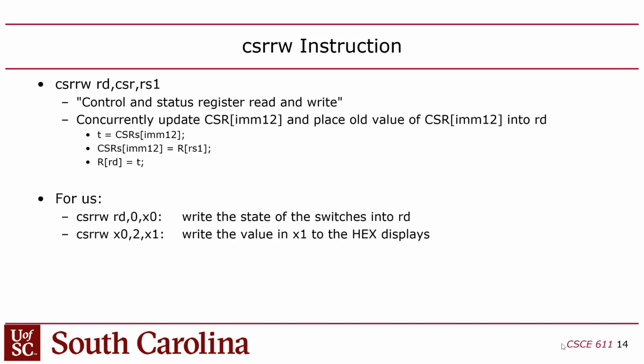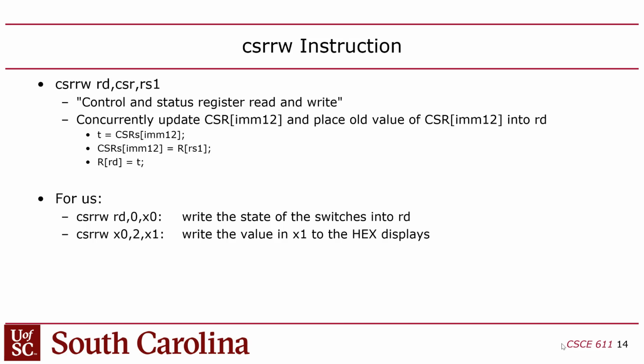So what it does is it takes a status register, which they call a CSR, and it puts it effectively into a temporary spot T. And then it takes one of your general purpose registers and it kicks it out to an output I/O register, control register. And then it takes the temporary value and puts it into one of your registers.